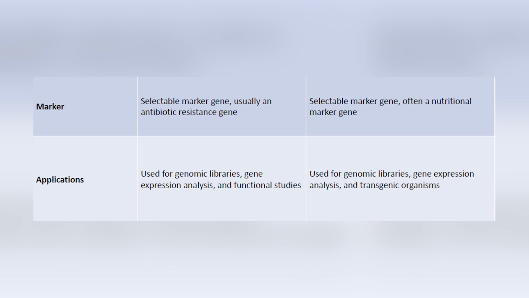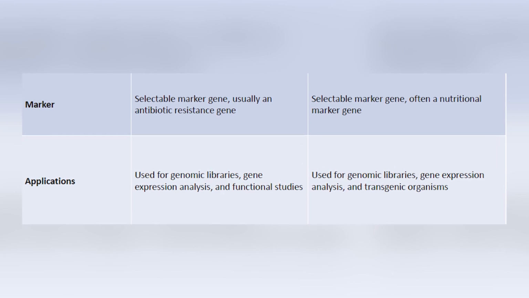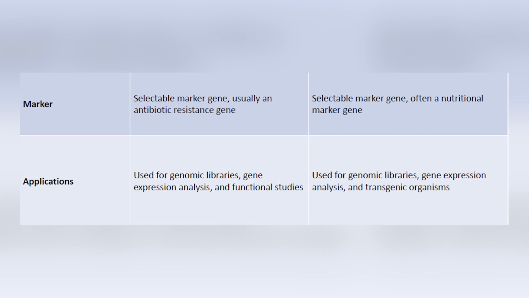Markers: you have a choice, instead of conventional antibiotic resistance, you can use auxotrophic mutants or nutritional markers also. You need to add some specific nutritional supplement to differentiate the non-recombinant from the recombinant by having the auxotrophic mutants.